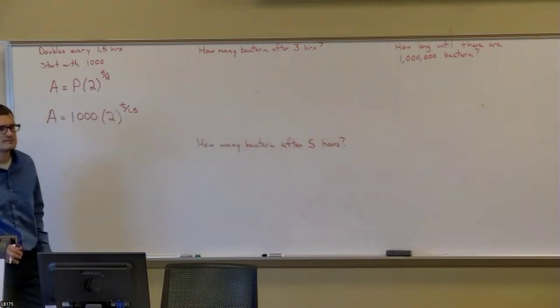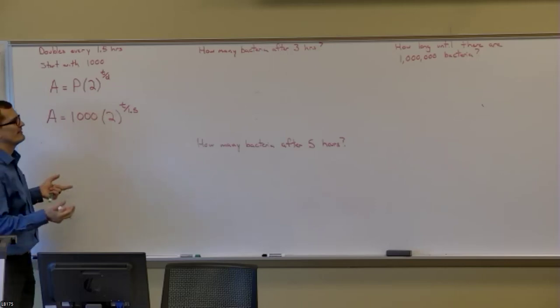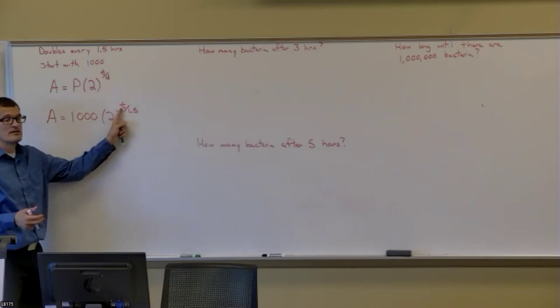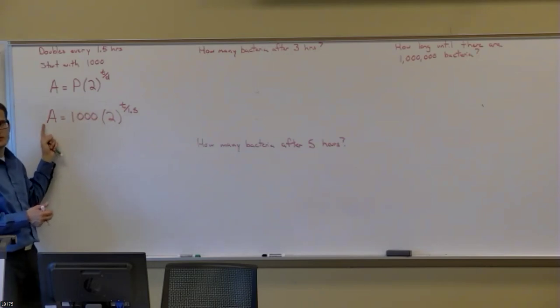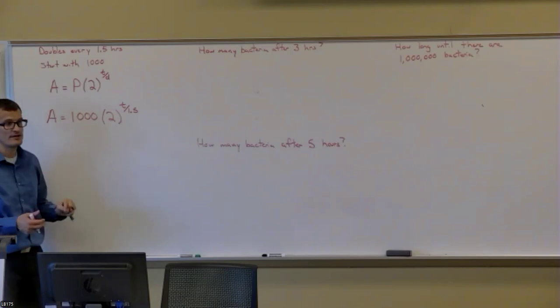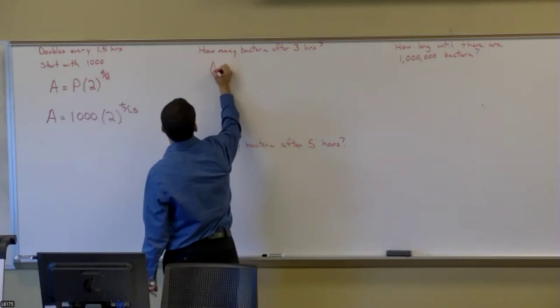Does that make sense? I want to point out that the first two are asking me to plug in a number into t and calculate the a. The last one is asking me to calculate the t by plugging in numbers for a. So plug into a, calculate for t, plug in t, calculate for a. These first two are probably a little bit more straightforward.